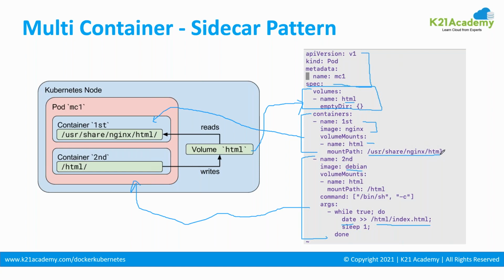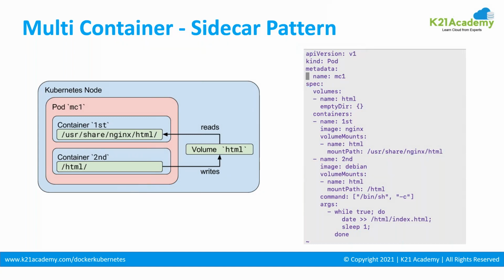So it is very simple, guys. The second container is writing the data inside the HTML folder, in the file index.html, and that is read by container one. I'm going to show you how the sidecar pattern behaves, so that you will have a clear picture.